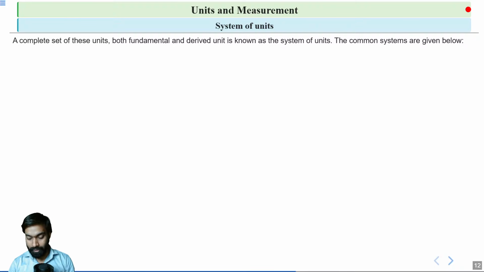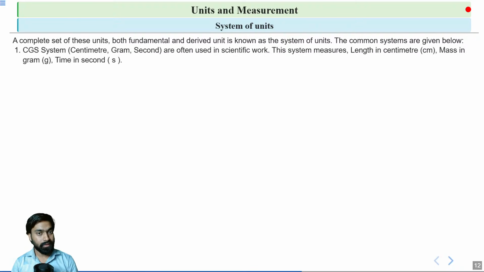Common systems are as follows. First, the CGS system. In the CGS system, length is measured in centimeter, mass is measured in gram, and time in second. This is a metric system used in science, specifically for the measurement of small objects and distances.